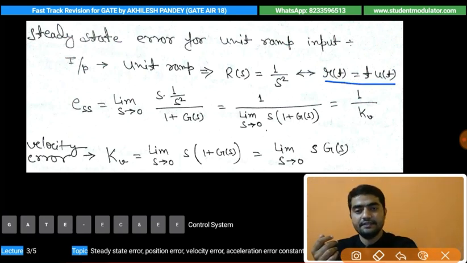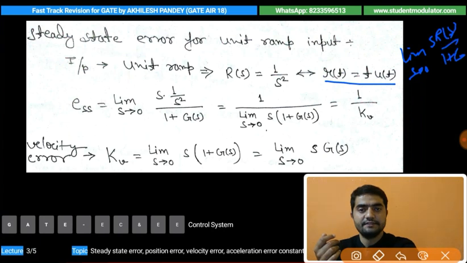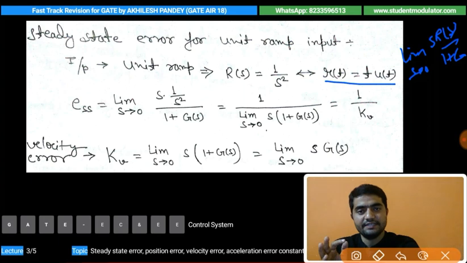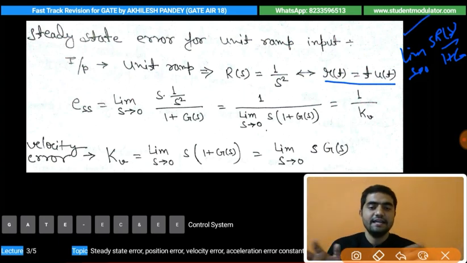Again remember the formula of steady state error, limit s tends to 0 of Rs upon 1 plus Gs. So basically what we have to find is Rs, the reference input. Once we get that Rs, we put it in the formula of steady state error, and the rest we can do easily.